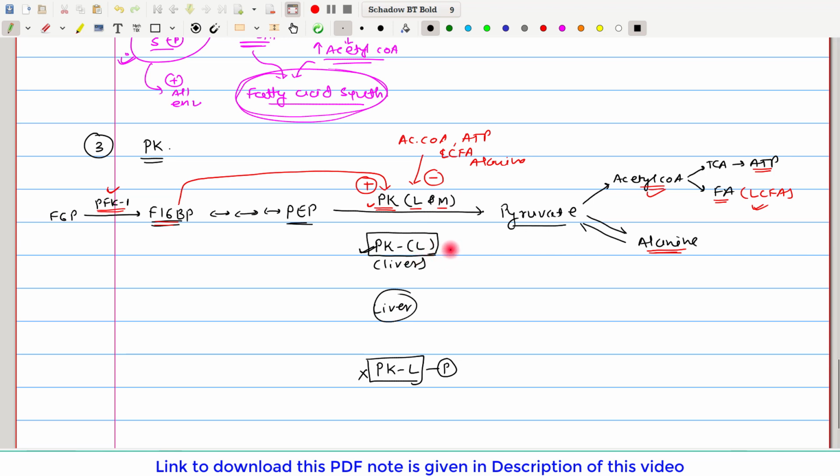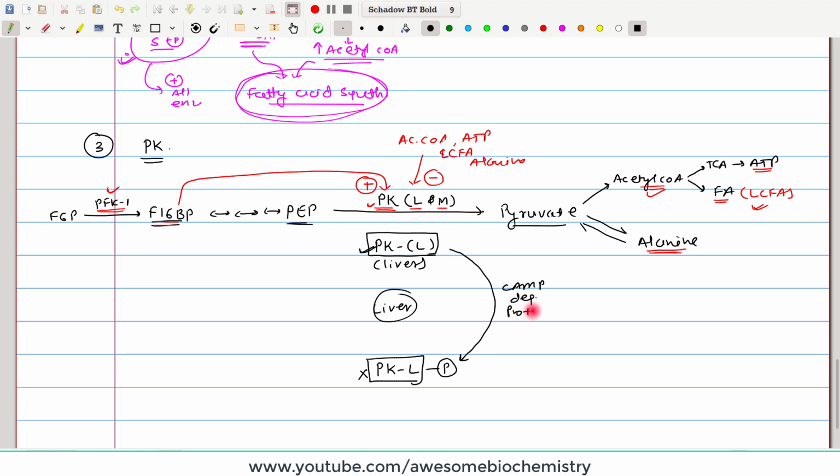So pyruvate kinase L gets phosphorylated by one enzyme, that is cyclic AMP dependent protein kinase. Right here, ATP is utilized for the donation of phosphate to this protein. So, ADP is generated.